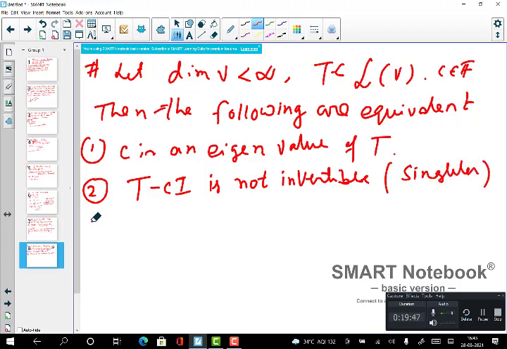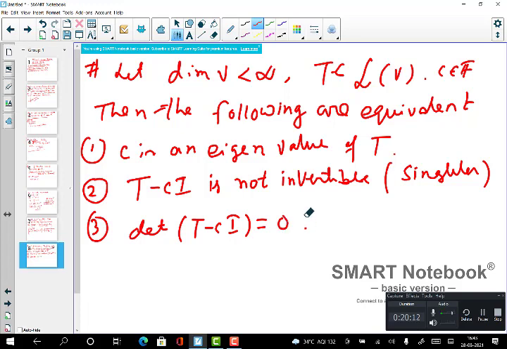And obviously the third is very straightforward from 2. It is not invertible means that the determinant of this operator, meaning the determinant of the matrix corresponding to this operator with respect to any basis, must be 0.